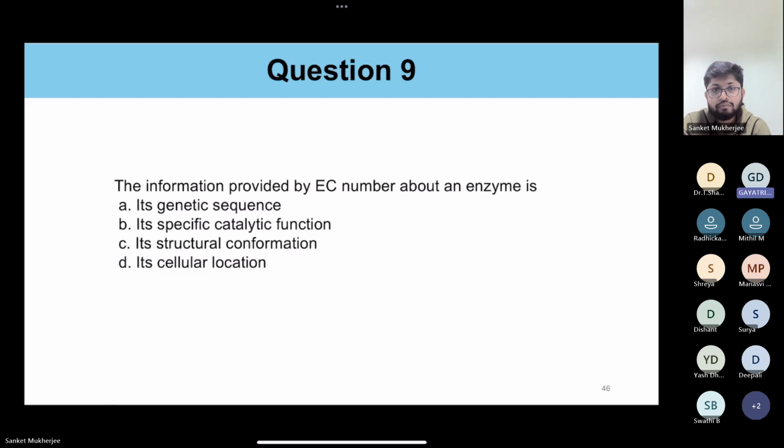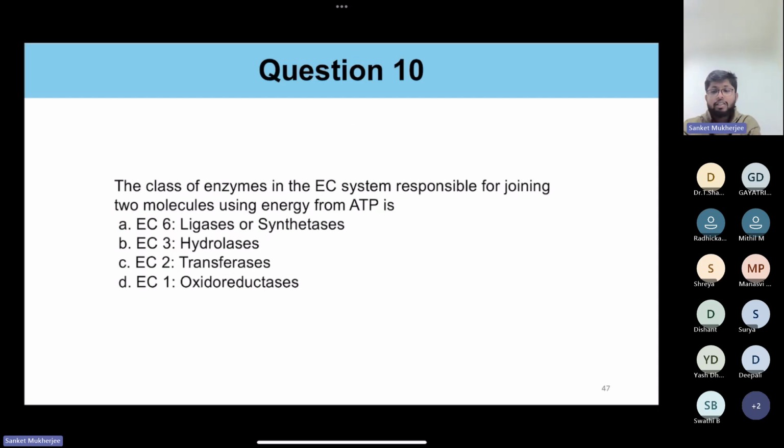Its specific catalytic function. Absolutely right. EC number is enzyme commission number, if you do not remember. So as we told you, the 6 classes of enzymes are all classified and given a number based on this. Question number 10.